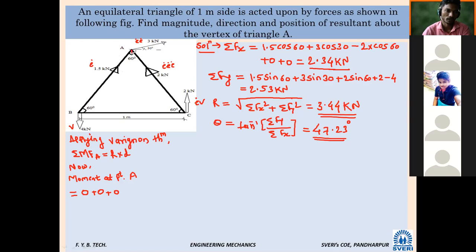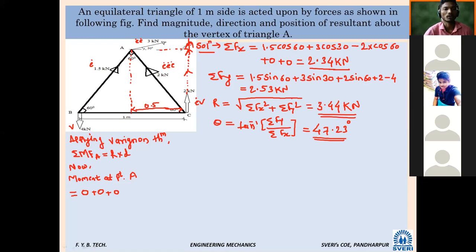From this point, if I extend one line here like this, it will meet at the midpoint, because it is an equilateral triangle. So this horizontal distance up to point C is 0.5. If you are unable to identify direction, extend the line of action of this 2 kilonewton force, using the law of transmissibility of force. Now this force is coming up to here.